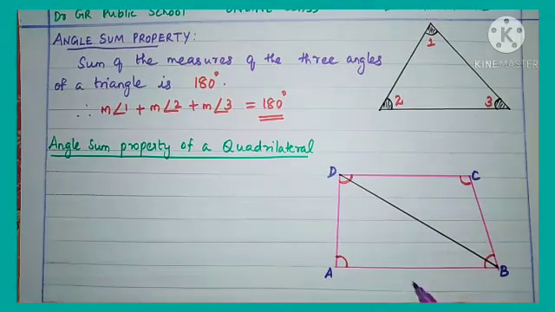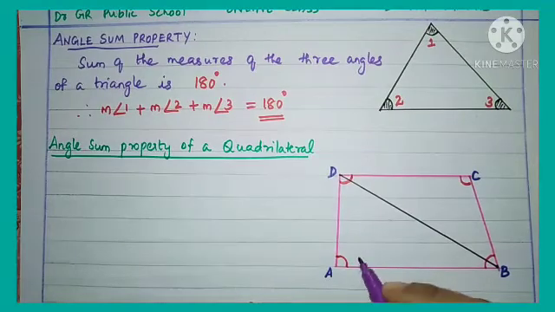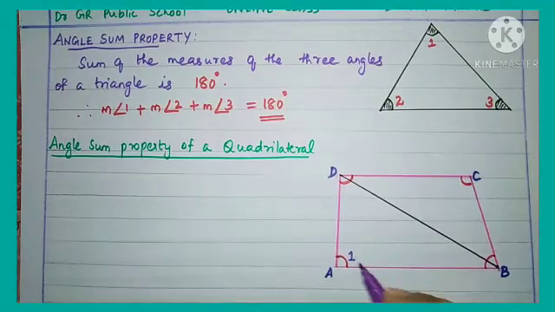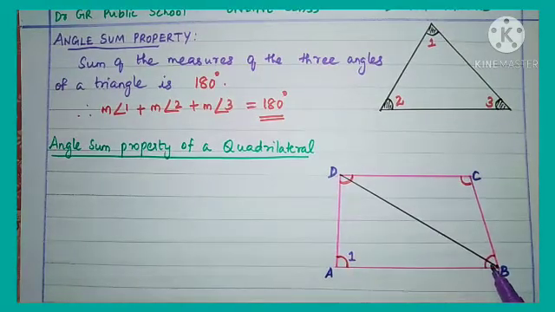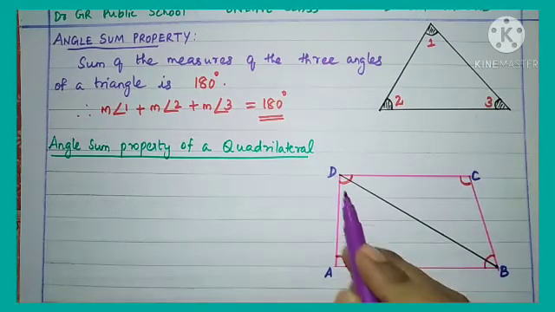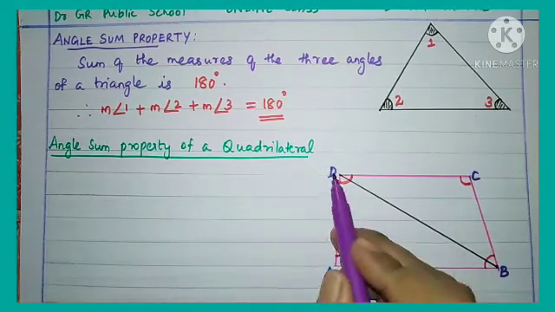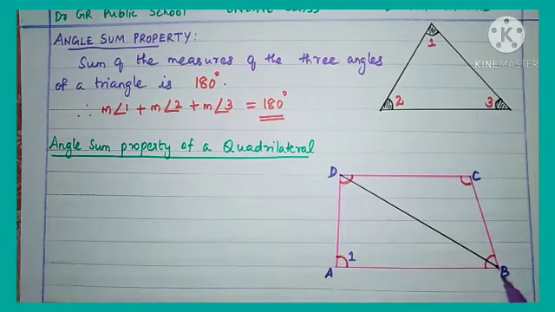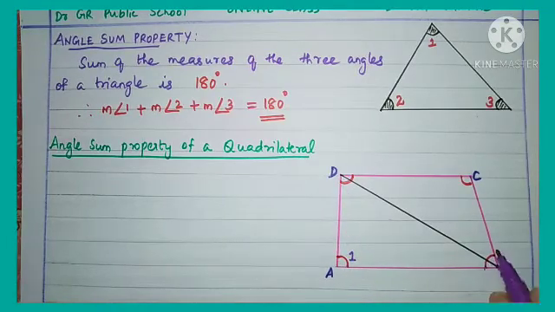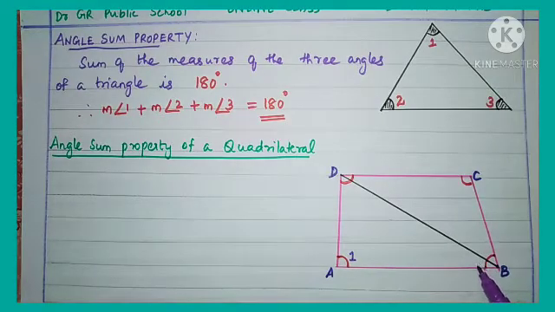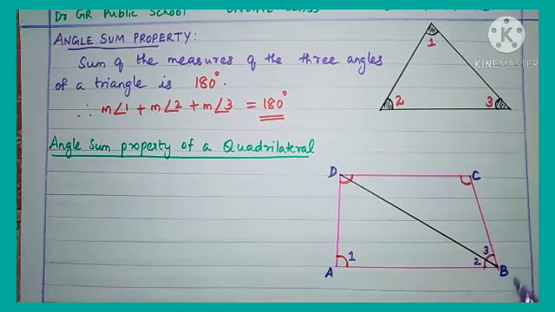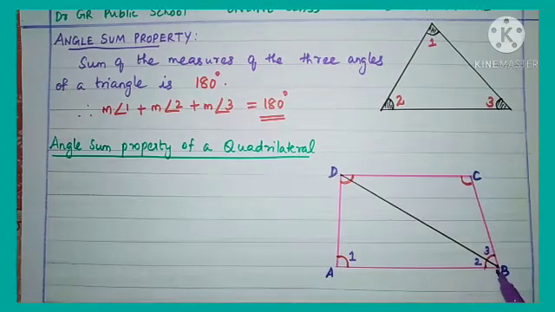Children, now I am naming the angles here. This is the first angle. When you draw the line segment BD, angle B is divided into two angles, correct? So two angles are formed. One I am naming as angle 2 and the other as angle 3. Similarly, at point D also two angles are formed.